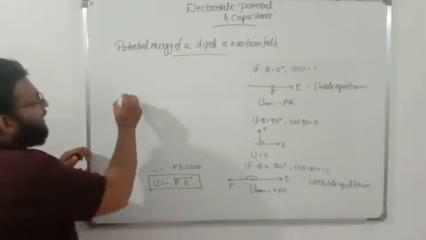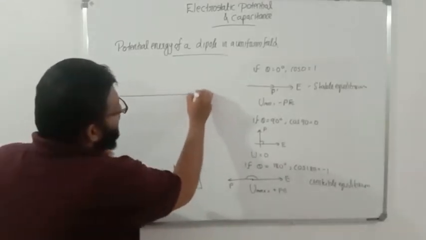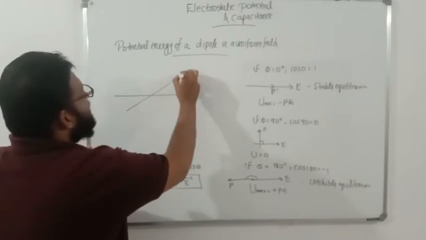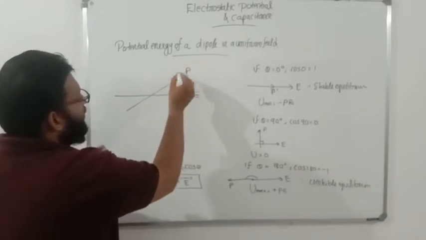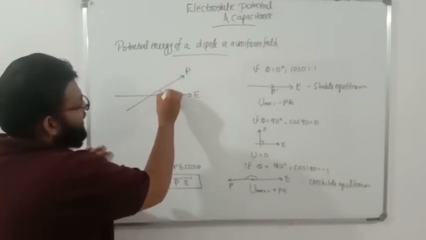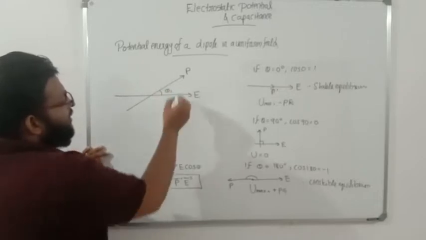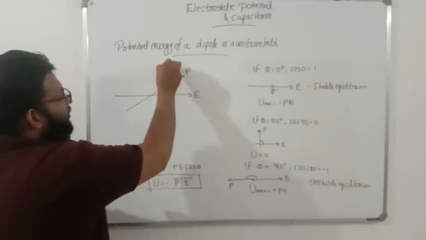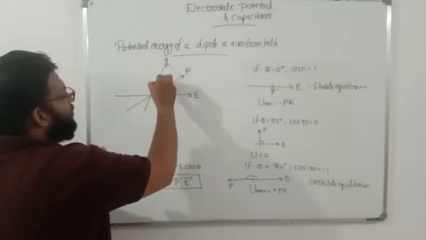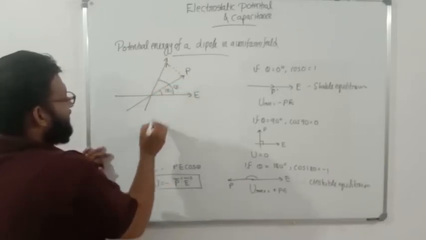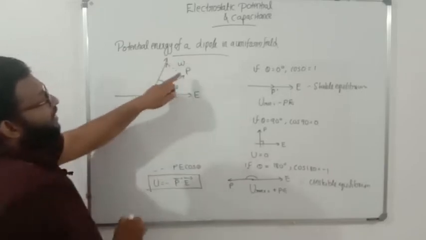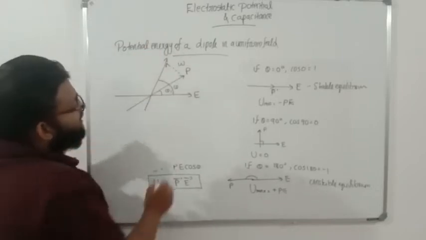Suppose we rotate a dipole. Suppose we have a field E. Initially, an electric dipole of dipole moment P is placed at an angle theta 1. When we rotate this dipole to another angle theta 2, we have done some work on the dipole to displace it.